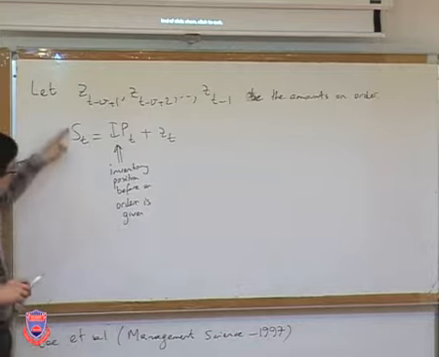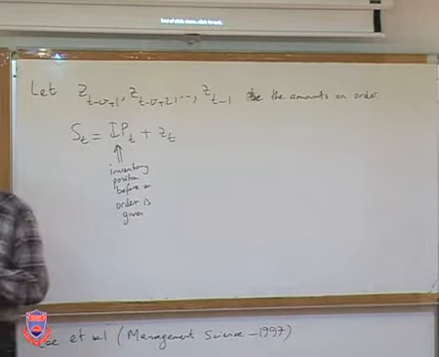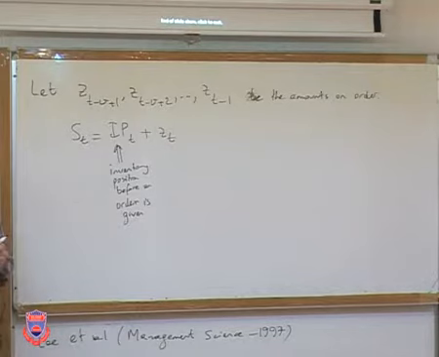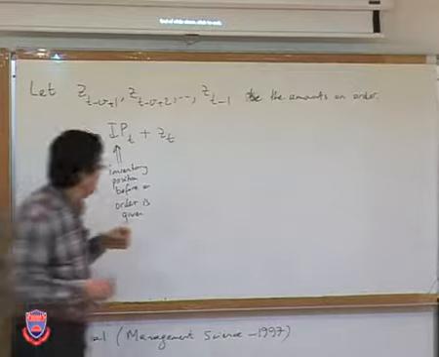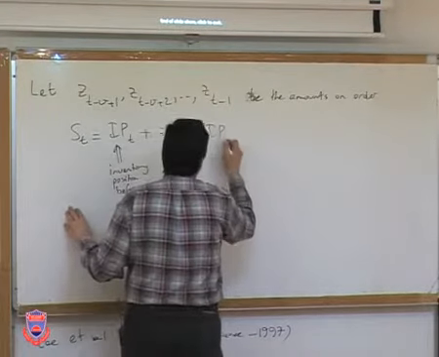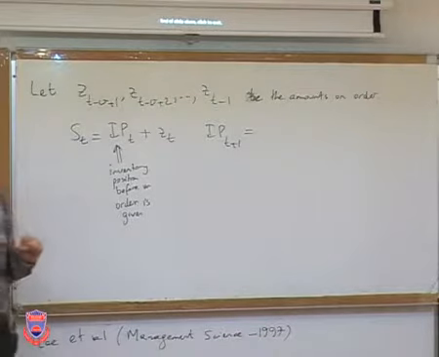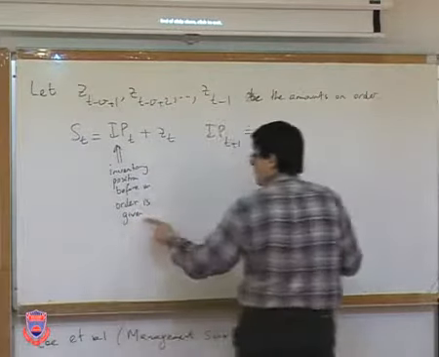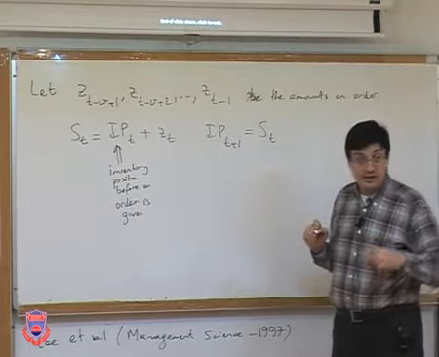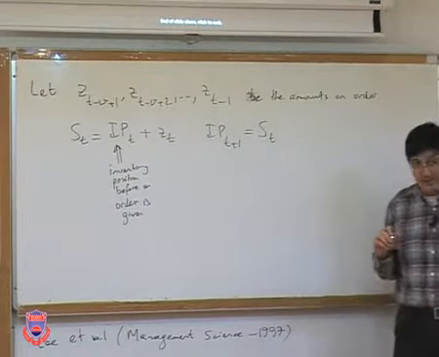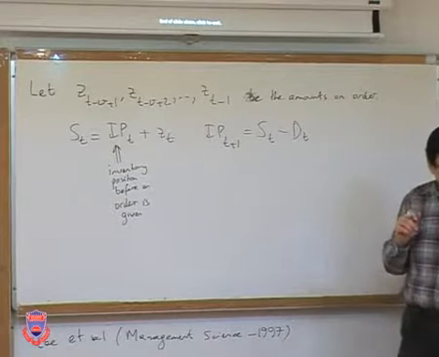But what I'm going to do is write these STs in such a way that I am going to have two consecutive demands coming in, and then I'm going to use the process. So if I write IPT plus 1, the inventory position at t plus 1, before the order is given, it should be ST, the order up to level that I have in period t, minus the demand in period t.